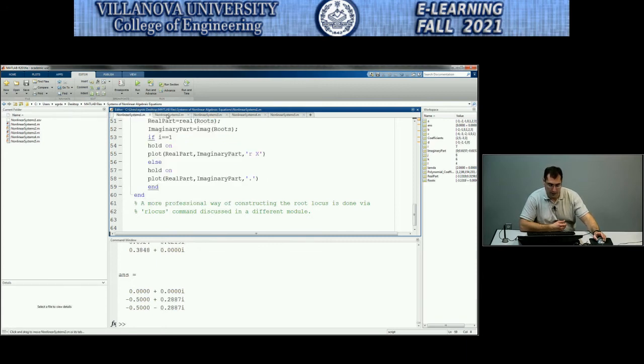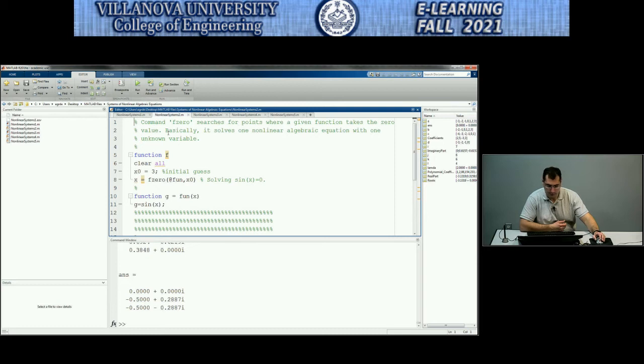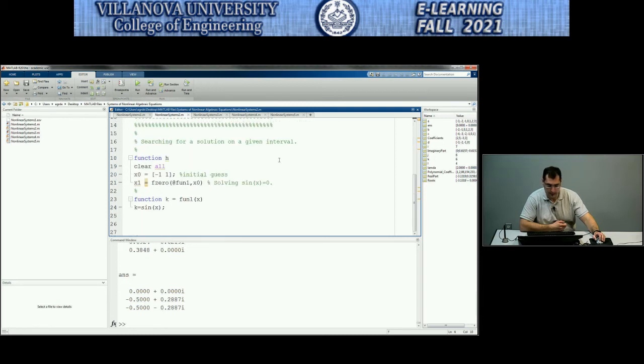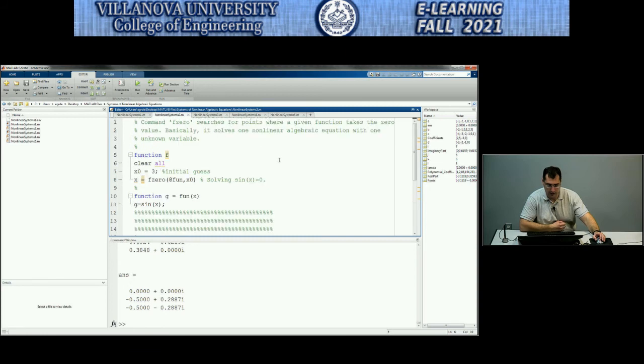Okay, another example. You can find a zero of a function through the so-called fzero command. So if the roots command looks for the roots of a polynomial, the fzero command looks for the zeros of a scalar function.